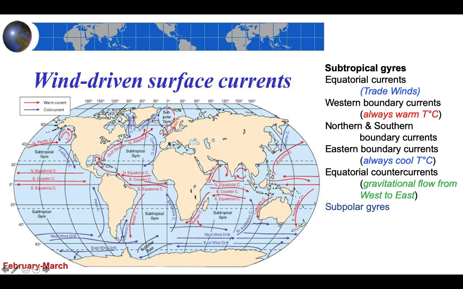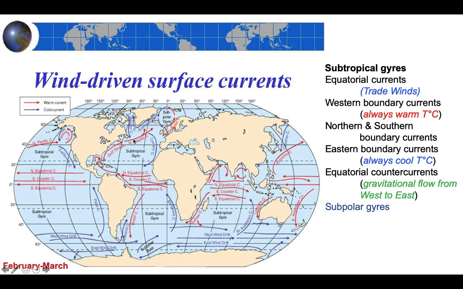So all these subtropical gyres have equatorial currents. These currents are driven by trade winds, as we just talked about. And then the western boundary currents on the west side of, for example, the subtropical northern gyre in the Pacific Ocean. This is the western boundary current in the Atlantic Ocean, and it's the Gulf Stream, as we looked at in the image earlier.